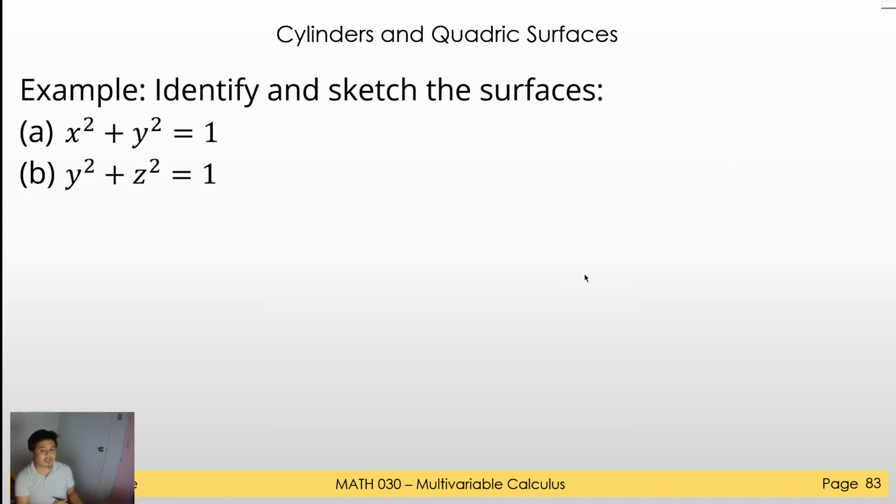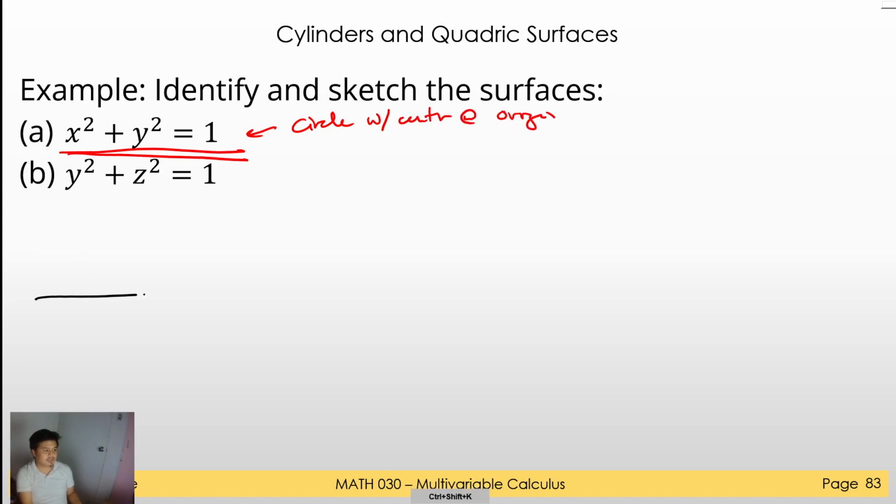Now let's try more equations and see what they look like as surfaces. We have x squared plus y squared equals 1. In pre-calculus or analytic geometry, this is a circle with center at the origin.